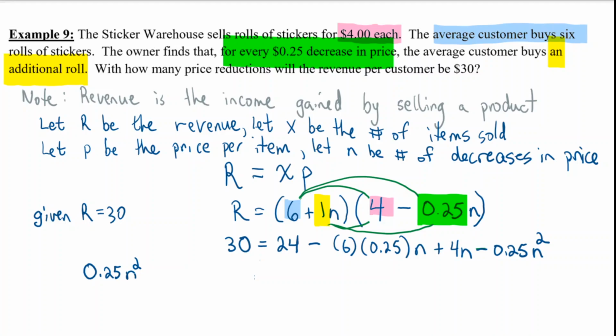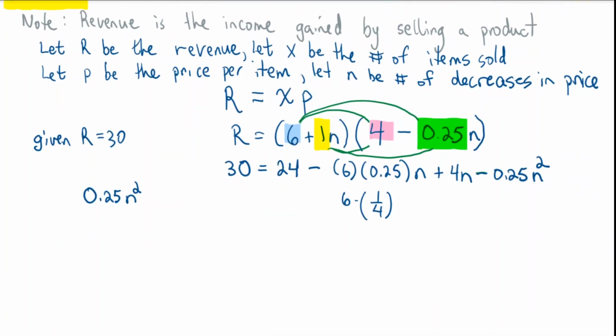And then let's look at what is 6 times 0.25. Well, what's 0.25? 0.25 is actually 1/4, which means we have 6 times 1/4 is 6/4. And 6/4 reduced is going to be, divide top and bottom by 2, we end up getting 3/2. So 3/2 is 1.5.